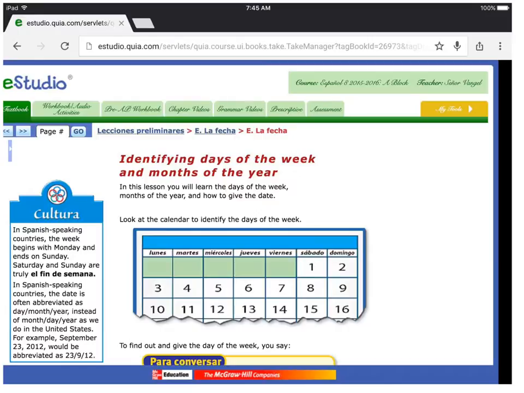So let's go through this and listen to me pronounce these words so you know how to say them. Spelling is super important. Pronunciation is super important, as always. Okay? So here we go. First one, Monday. Lunes. Tuesday is martes. Wednesday is miércoles.